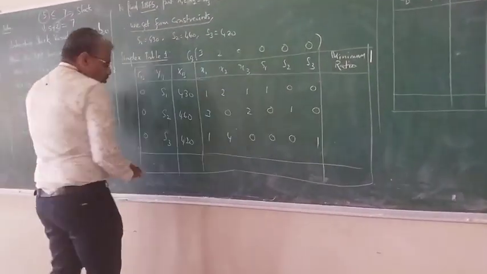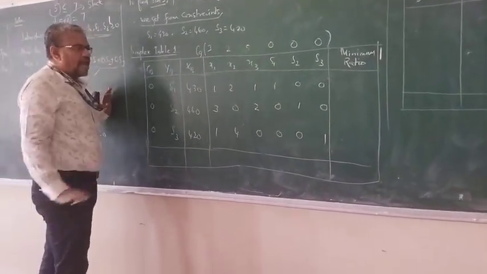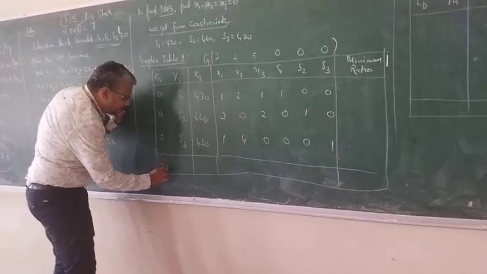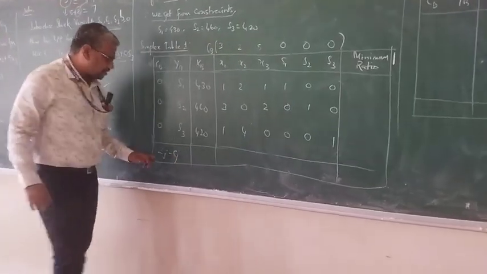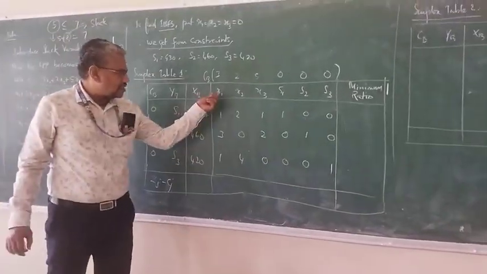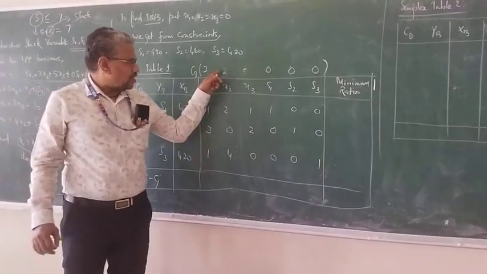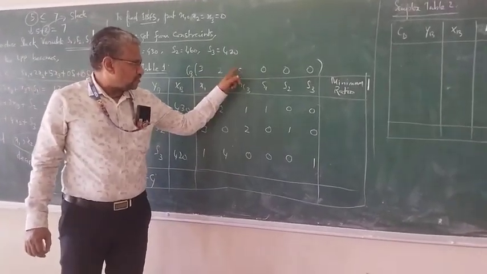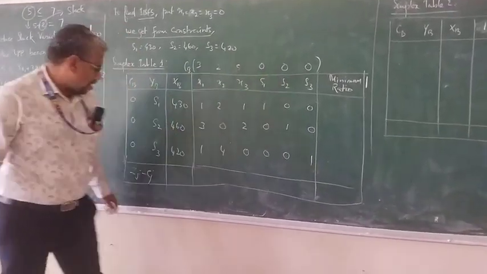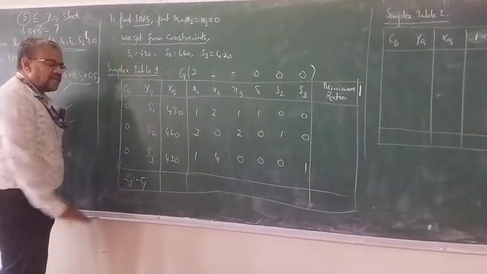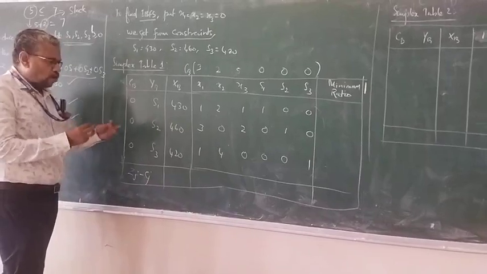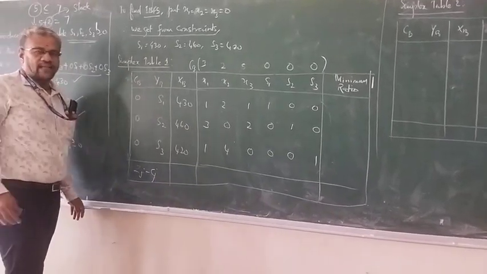Okay. Now I have to find the Zj minus Cj. Cj is nothing but the cost of each column. So the cost for the first column is 3, for the second column is 2, and for the third column is 5. What is Zj? Zj is a combination of two or three arithmetic operations.